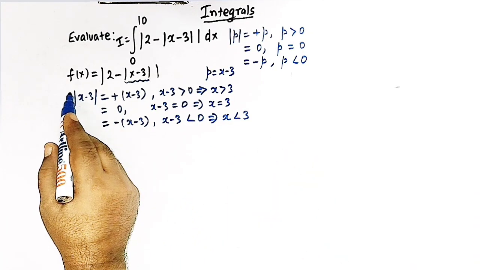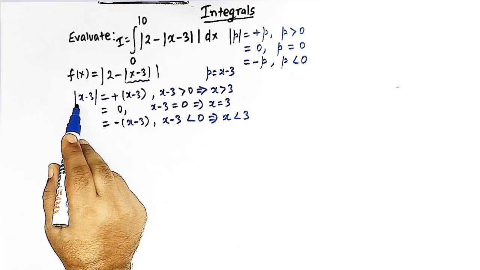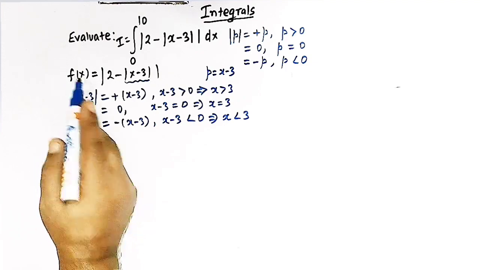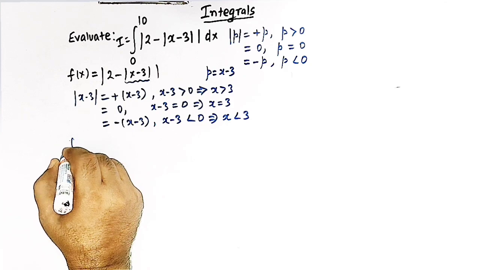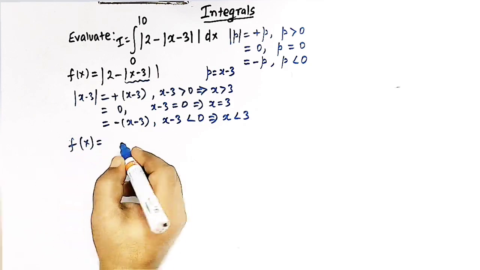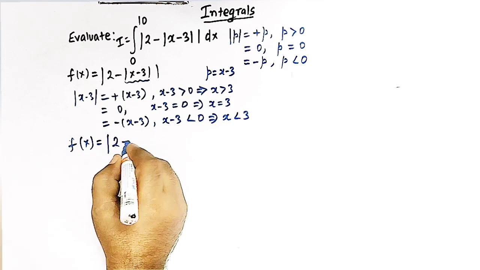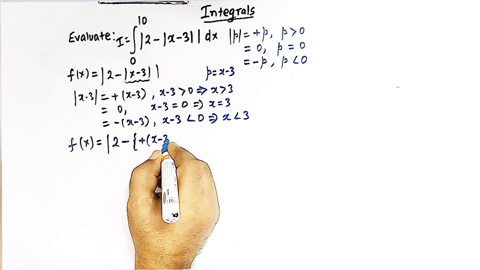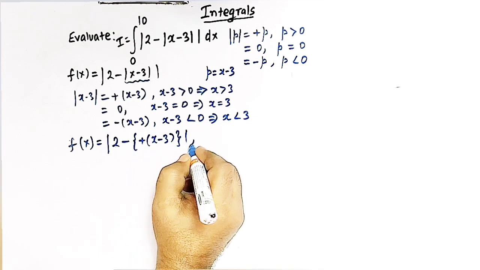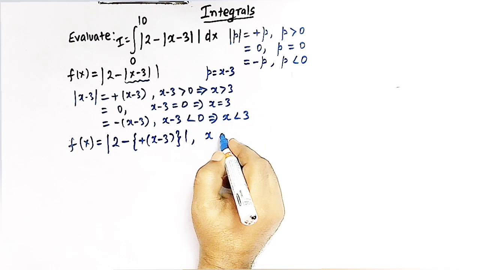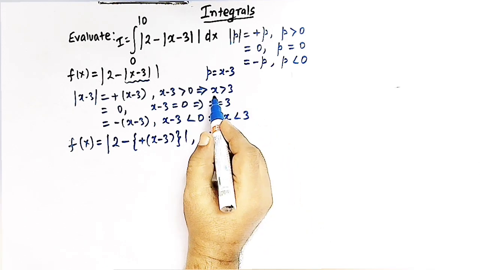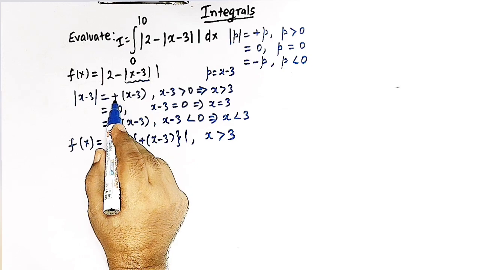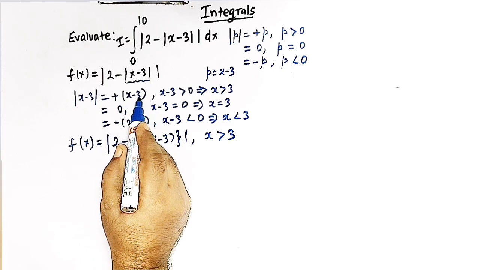So now let us combine this definition of mod x minus 3 in the function f of x. So now we can write f of x as mod of 2 minus positive x minus 3 when x is greater than 3, because when x is greater than 3, then mod of x minus 3 is positive x minus 3, right?